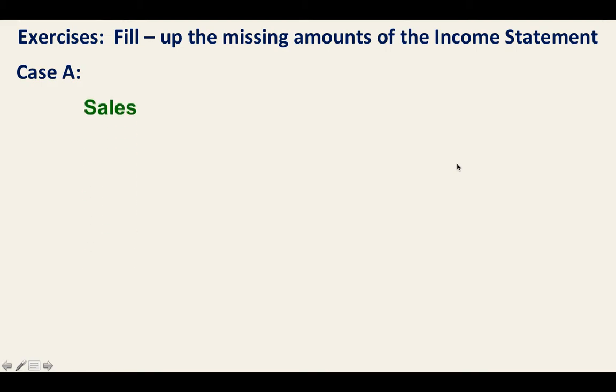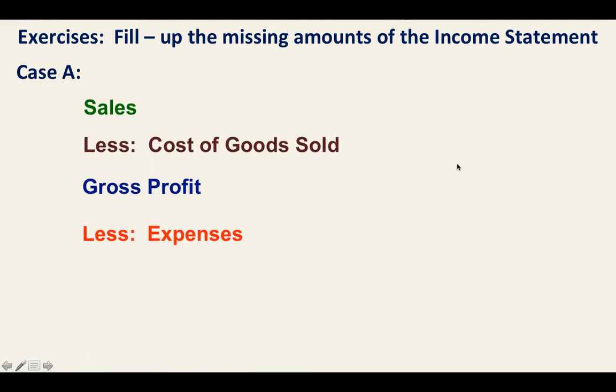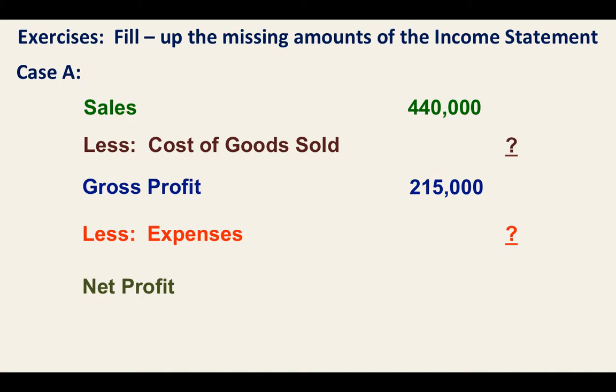So in this case, like case A, sales less cost of goods sold will give you your gross profit, less expenses will give you your net profit. Assuming that your sales is 440,000 and your cost of goods sold is missing, and you have a gross profit of 215,000, assuming your expenses is missing, so you have a net profit of 75,000.